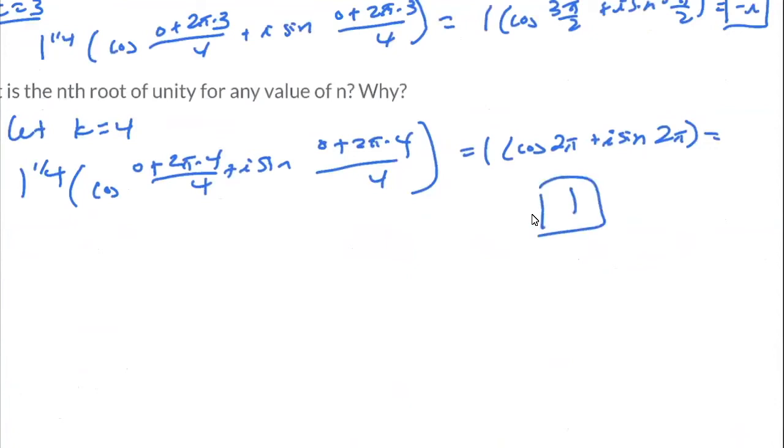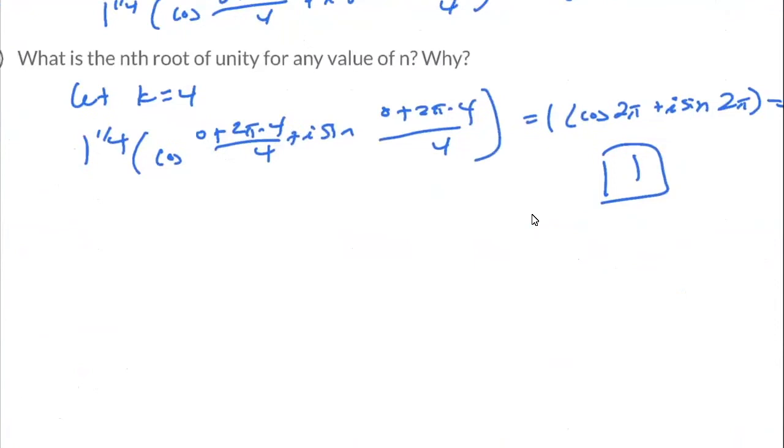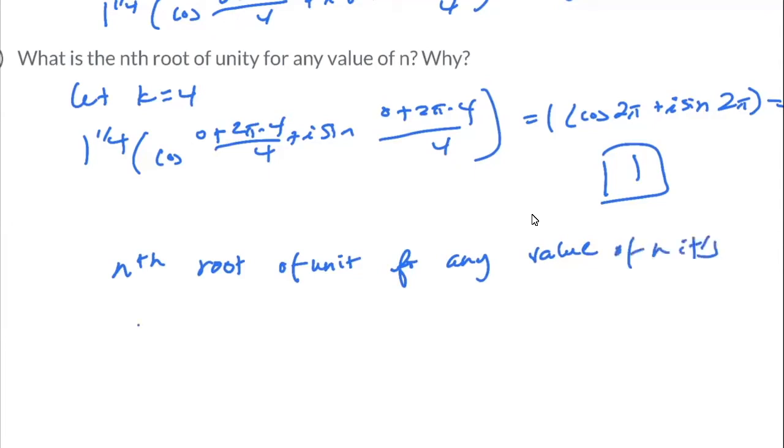And so this is a pattern that we see for any nth root of unity. So you're always going to find that the nth root of unity for any value of n, whether it's the 4th root, the 6th root, or the 200th root, it doesn't matter. If you find the nth root for any value of n, it's always going to be 1, just because of how this formula is set up.